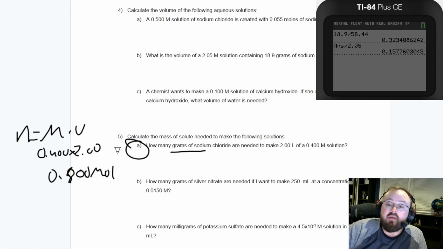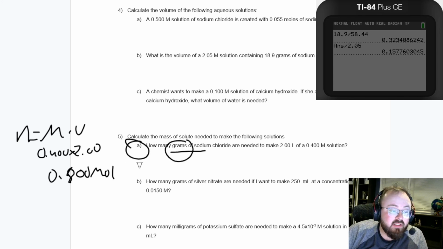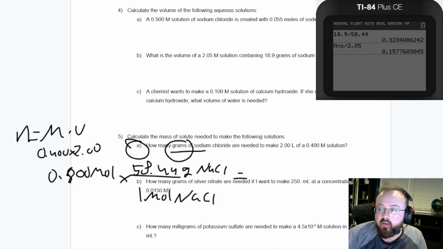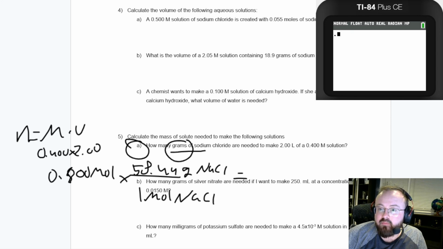Not what I asked for. I asked you for grams, so I'm going to do this one conversion just one final time. 58.44. Found the molar mass several times by now. Grams of sodium chloride for 1 mole of sodium chloride. Got the old calculator. 0.8.